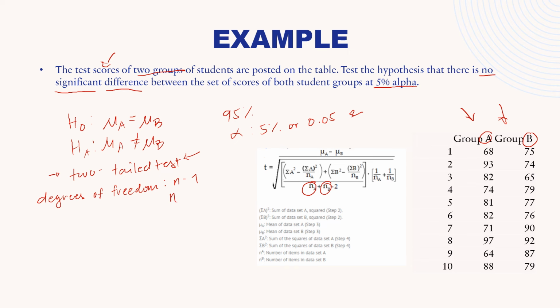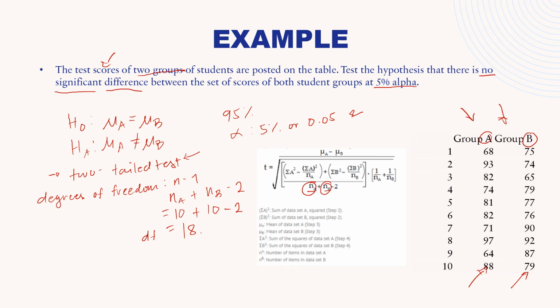So that would be NA plus NB minus 2. We have 10 observations per group. So N of A, our sample size for A, is 10, plus the sample size for B, which is also 10, minus 2. That would give us 18. So our DF, or degrees of freedom, is 18.